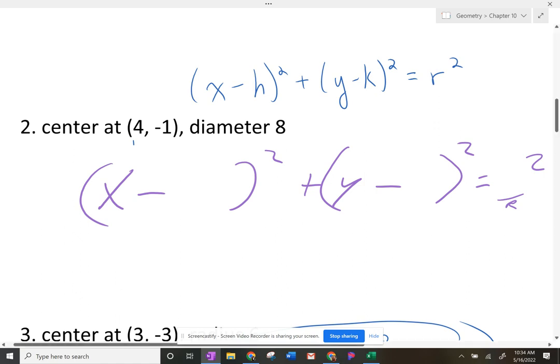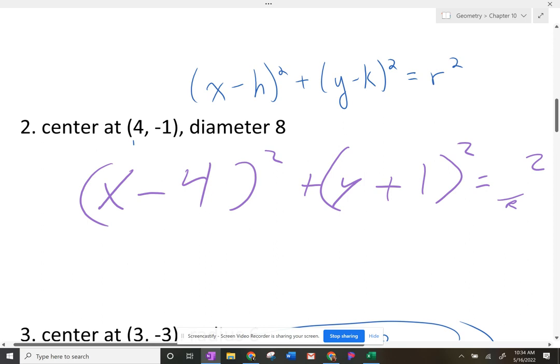Positive 4. So it would be x minus 4 squared. My y value, perfect, negative 1. Because it's a negative 1, that means I have to flip those signs because a negative times a negative is a positive. So y plus 1. And then the last part is going to be my radius squared.